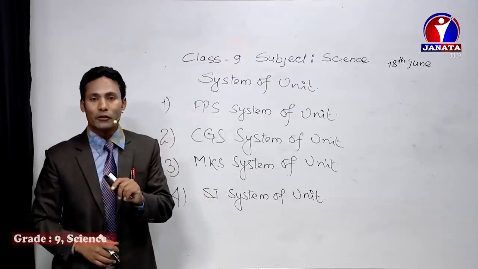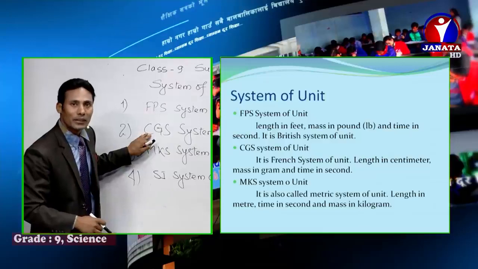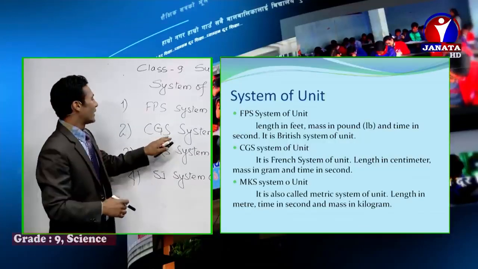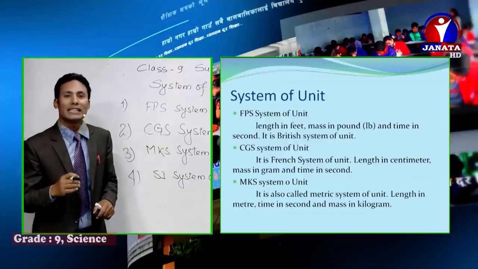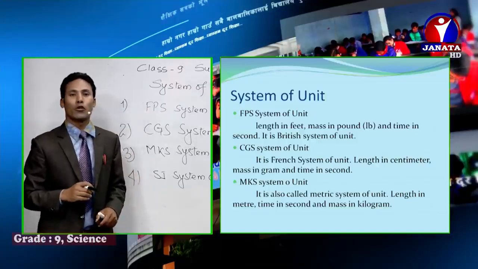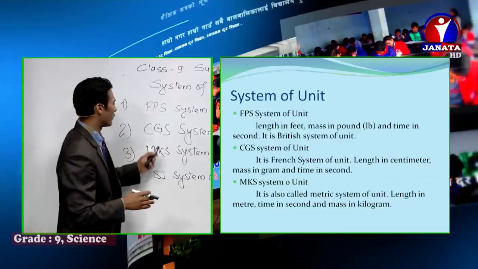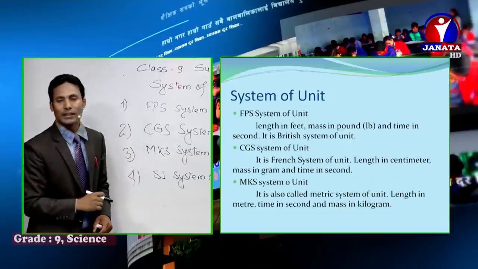The system of unit in which length is measured in the centimeter, mass is measured in the gram, and the time is measured in the second is called the CGS system of unit. And this system of unit is also called the French system of unit, right?